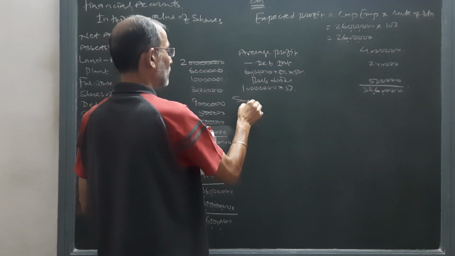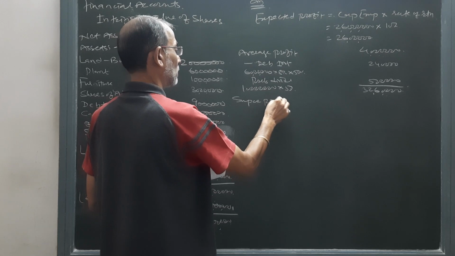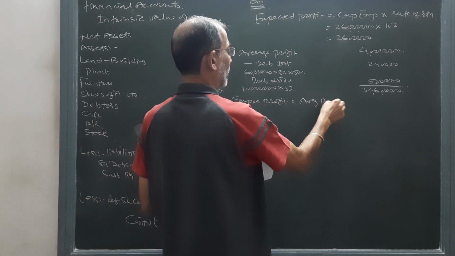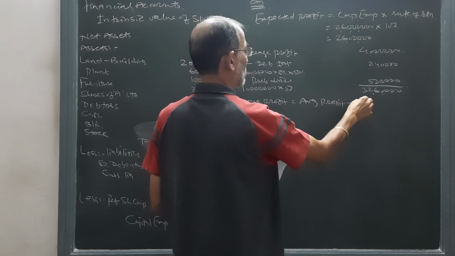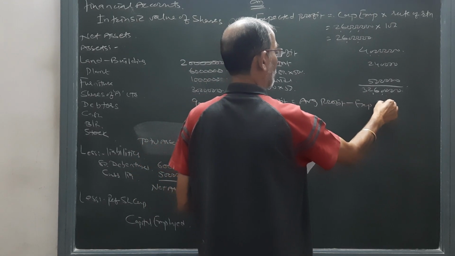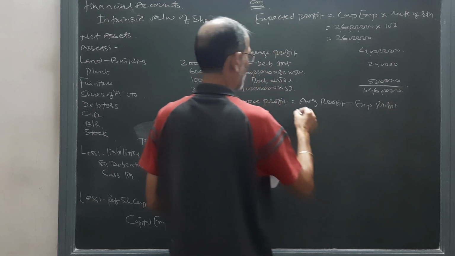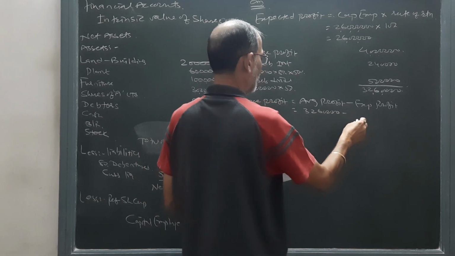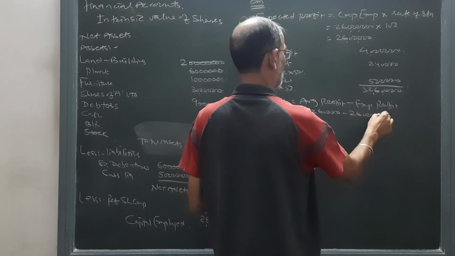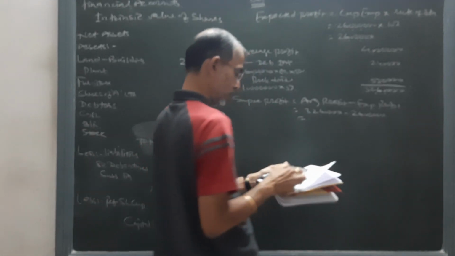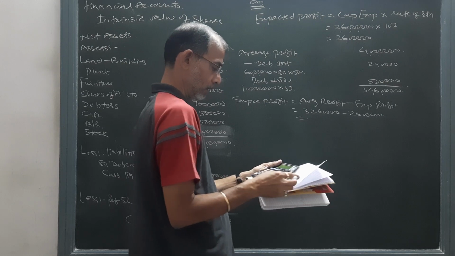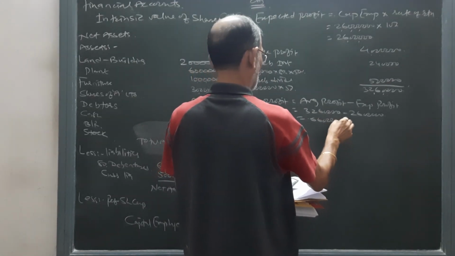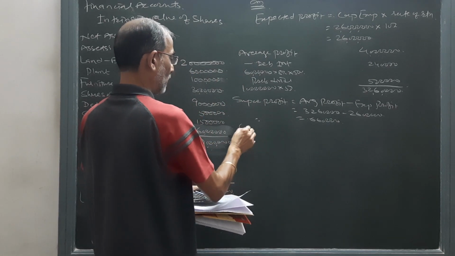Super profit is equal to average profit minus expected profit. So 32 lakh 60,000 minus 26 lakh, so 6 lakh 60,000 is super profit.